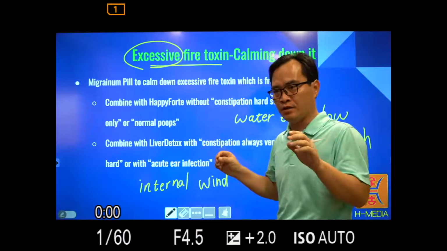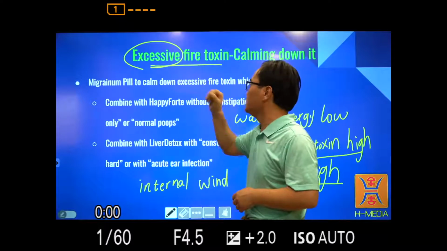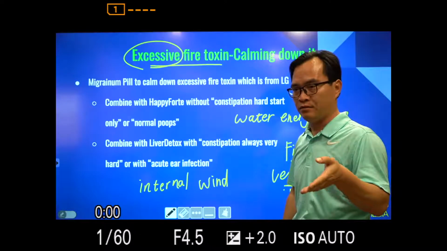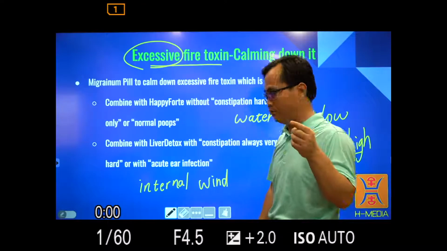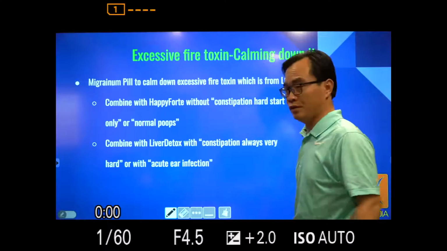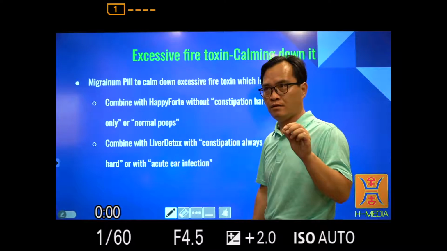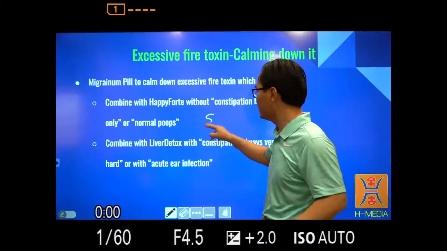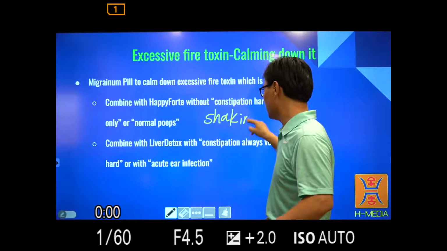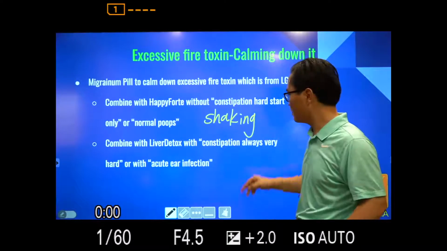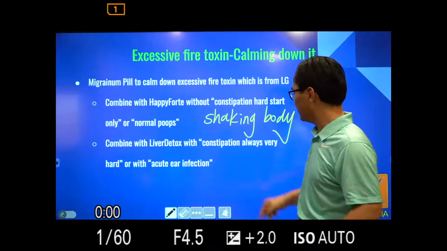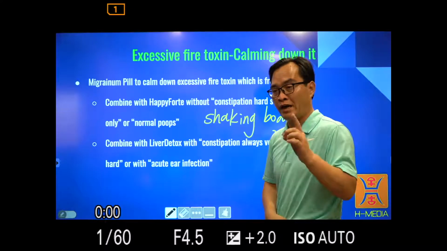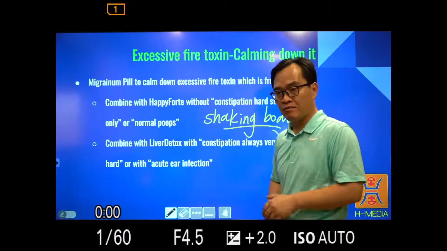If your fire toxin is very excessive, internal wind will happen. When internal wind is happening, there are symptoms like a shaking body. Parkinson's patients have a shaking body, right?